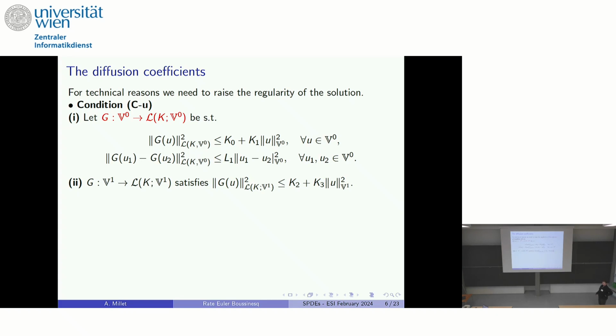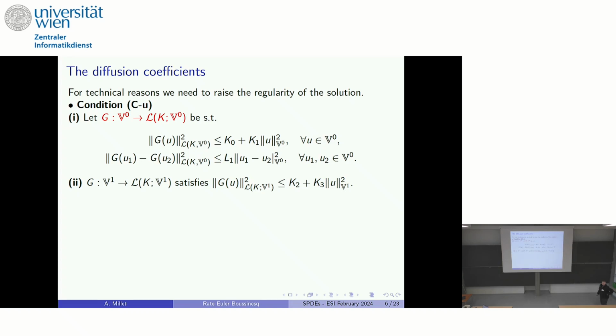So that's kind of the expected. And here I start from L2 to L2, right? But for technical reasons, because I want to look at rates of convergence, I'll have to raise regularity by one step. That means that not only will I have to impose some linear growth conditions starting from V0 and going to V0, but exactly the same kind of assumptions starting from V1 and going to V1.